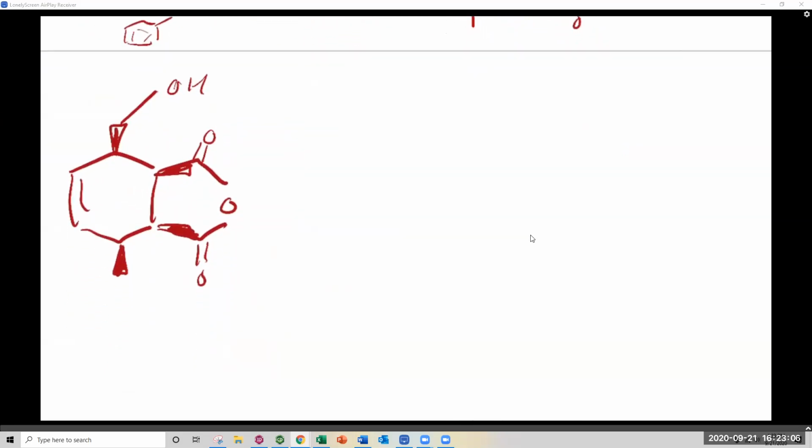But what we do know with carbonyl chemistry, carbonyl compounds have this resonance form. And as a result of that, the carbonyl carbon is an electrophile, and it's a great electrophile. We know that alcohols are nucleophiles from last semester.